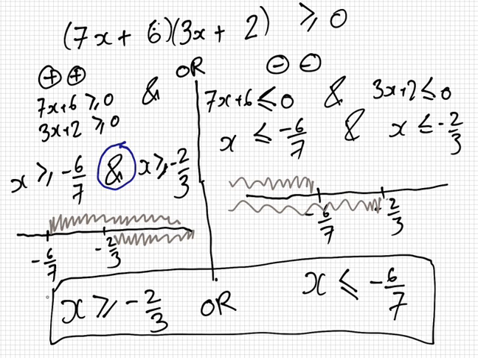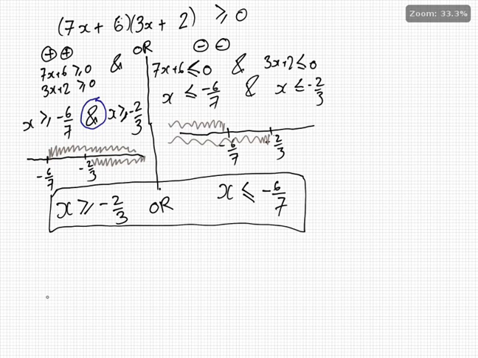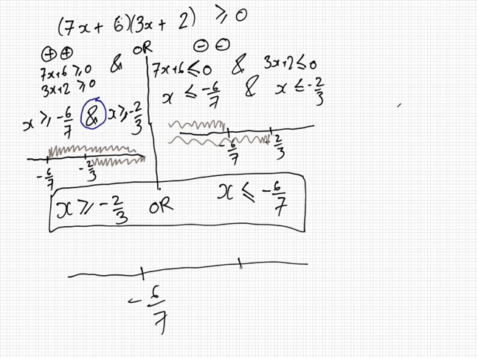But I want to write this in set notation now. So if I draw a big number line here, here is minus 6 over 7, and here is minus 2 over 3. I want x to be bigger than this number, or smaller than this number.